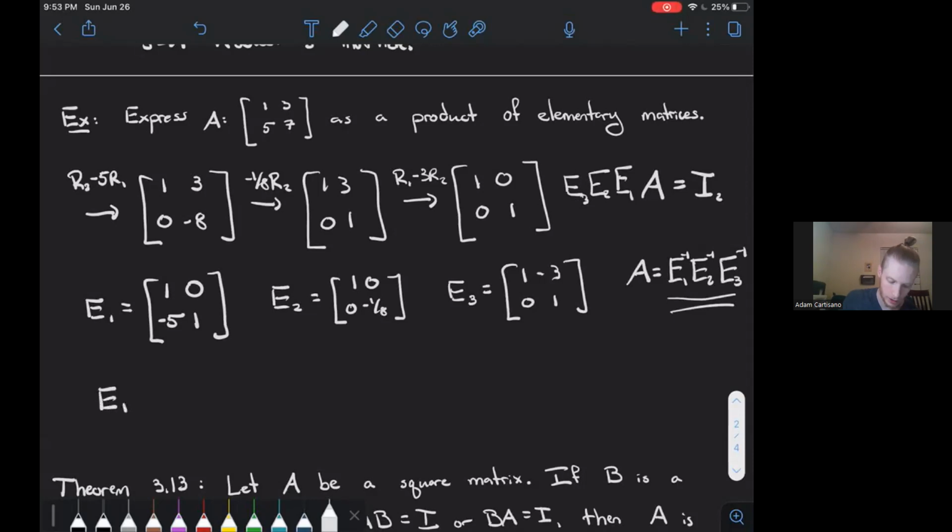Seems like the easiest way. AD minus BC, if you remember that from the last video, is 1 minus negative 5, minus 0 is 1. Then we have to switch AD and negate BC.